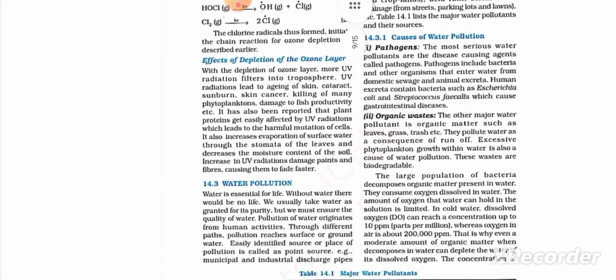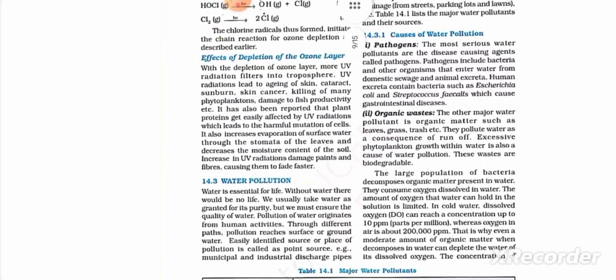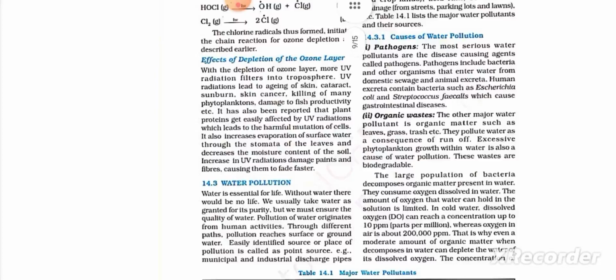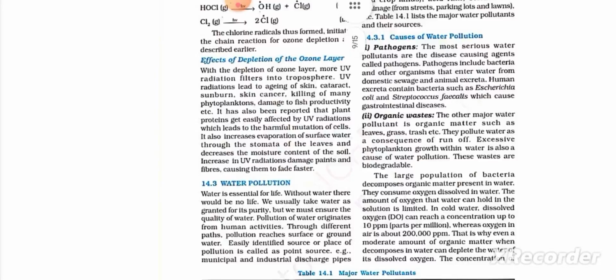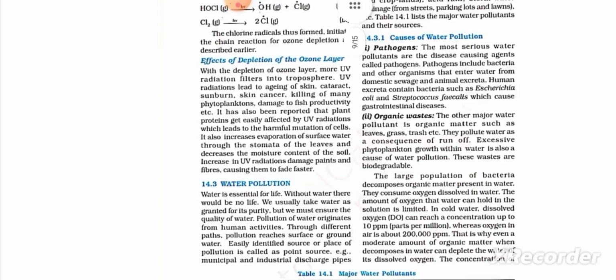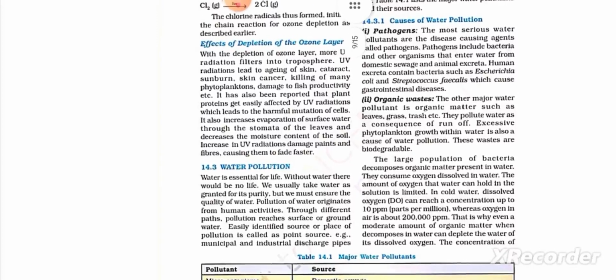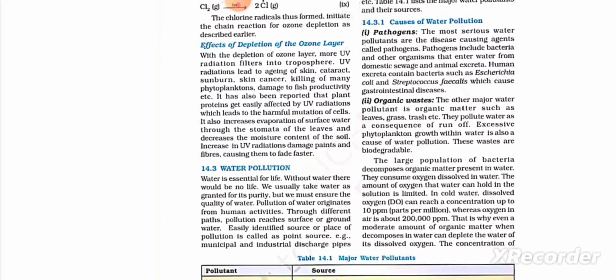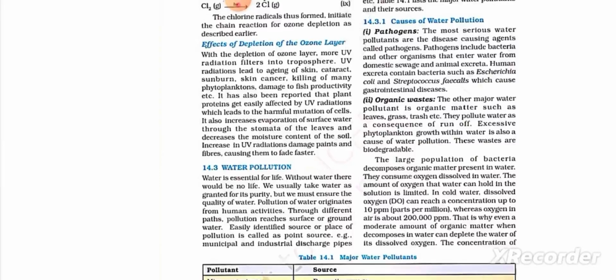Effect of depletion of ozone layer. More UV radiation filters into the troposphere. UV radiation leads to aging of skin, cataract, sunburn, skin cancer, killing of many phytoplankton, and damaging of fish productivity, etc. It has also been reported that plants are affected by UV radiation, which leads to harmful mutation of cells. It also increases evaporation of surface water through the stomata of leaves, and diseases decrease the moisture content of soil.